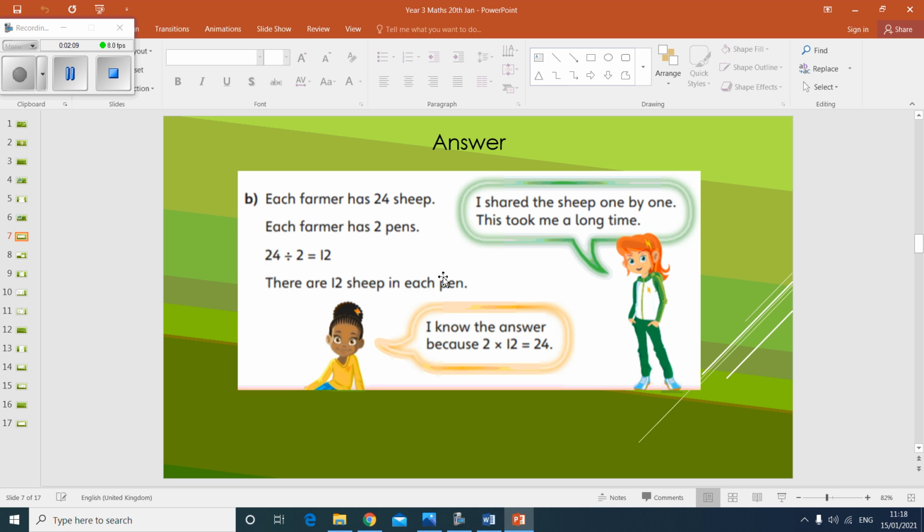Now we know the answer here because 2 times 12 equals 24. Over here, Astrid took a little bit more time because she decided to share the sheep one by one into the pen. So try to think about multiplication and relate that to the divide question.